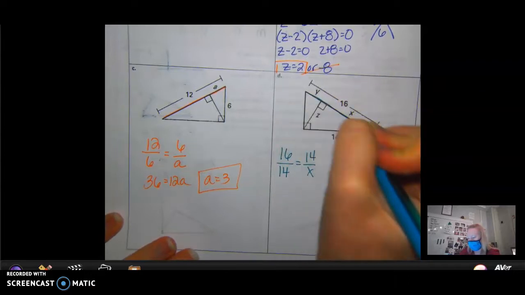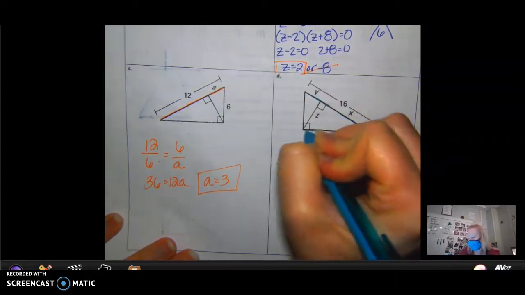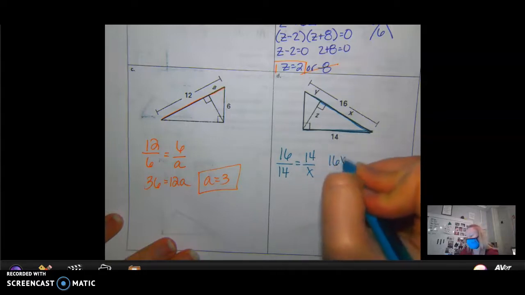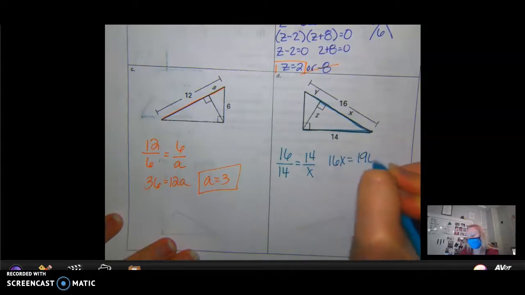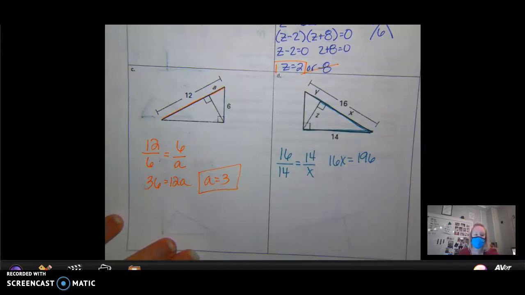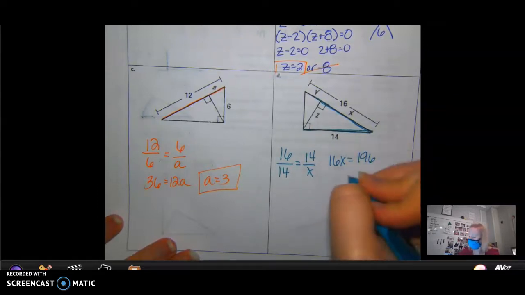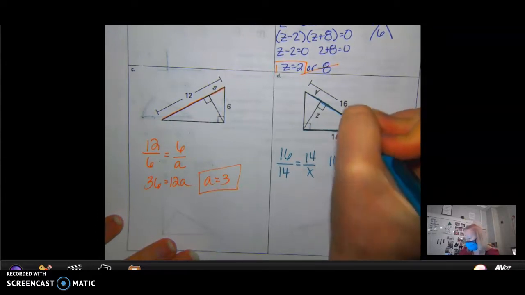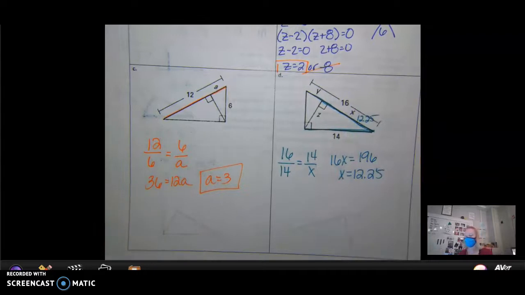All the way back, forward, over. Okay, go around that corner. Cross multiply and I get 16x equals 196, is that right? Divide by 16, divide by 16, what do I get for x? 12.25.